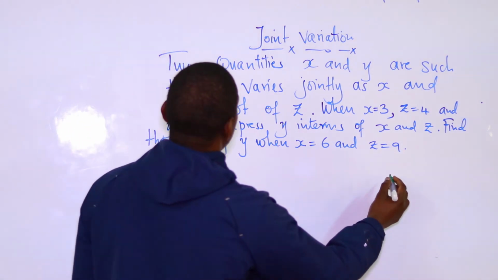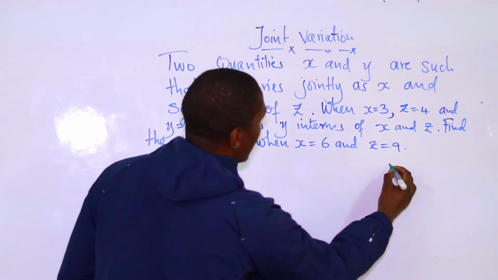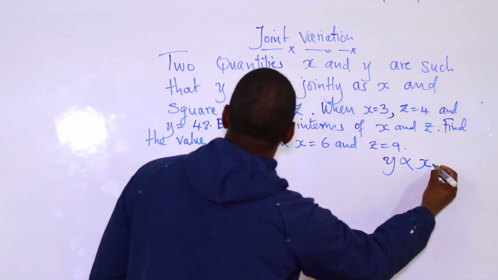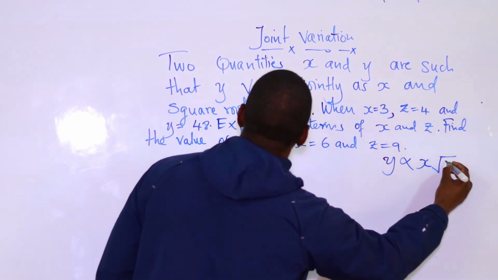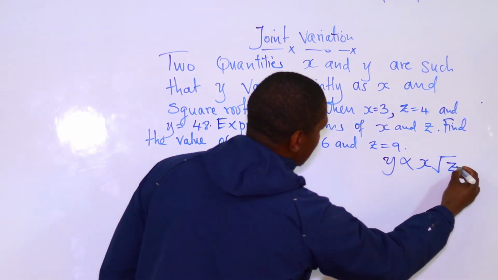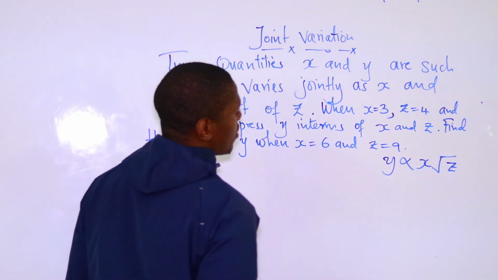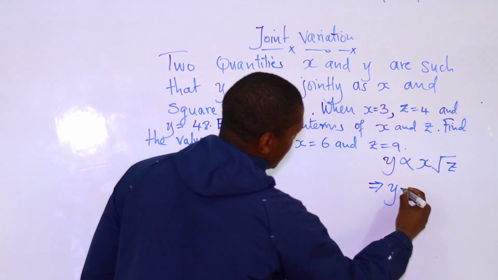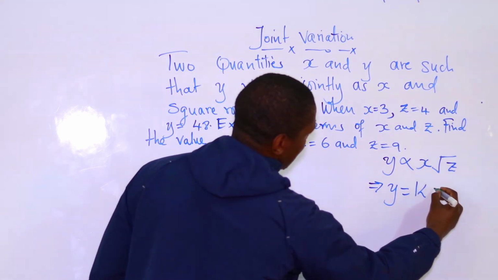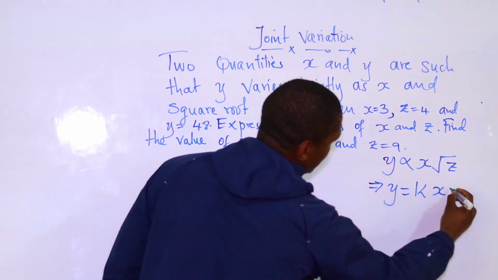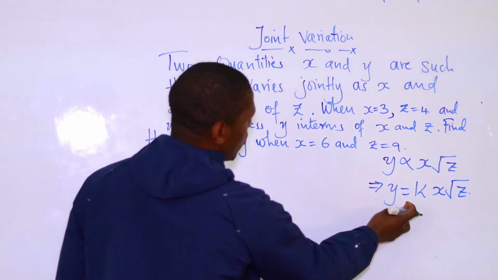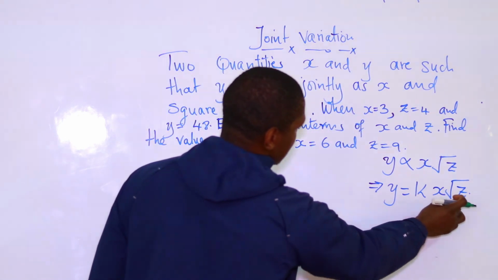So the product of these two is what we are saying, that is joint variation. So this implies that y is equal to a constant of proportionality k multiplied by x root z. This is the equation connecting y, x, and z.